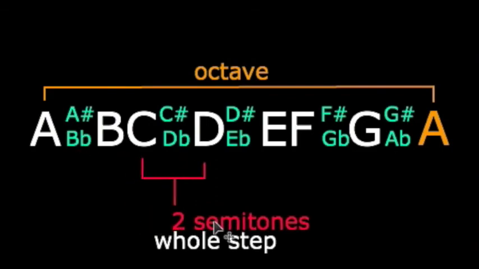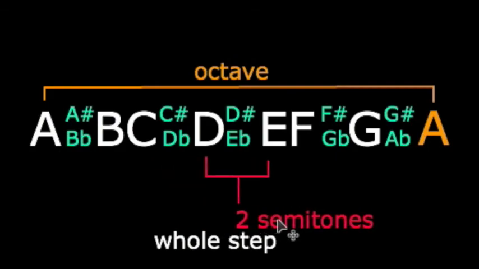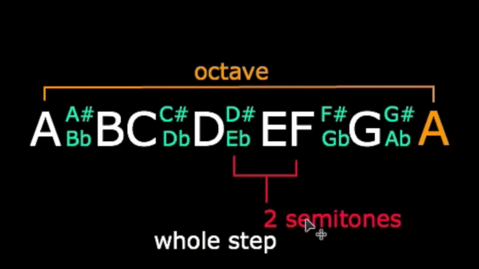Or the space between C and D is a whole step. The space between D and E is a whole step, but the space between D sharp and F is also a whole step. So it's best to think about music in the form of semitones, utilizing one semitone or two semitones to create your movements.